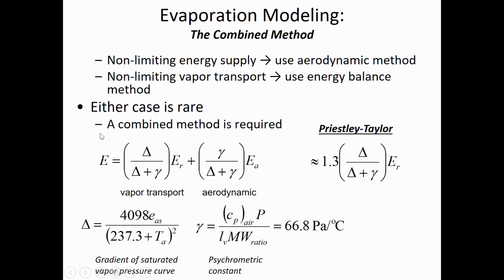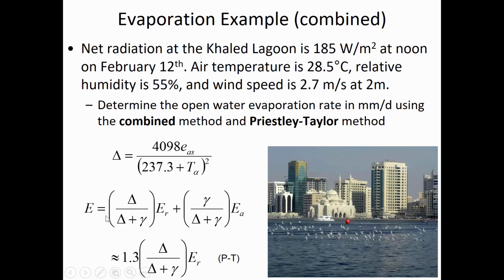So let's do both of those. Use the combined method and see what we get out of that, and then compare it to the Priestley-Taylor, which is just kind of a simplified way that only relies on the energy that's available to cause the latent heat of vaporization. So, yeah, let's do this as an example.